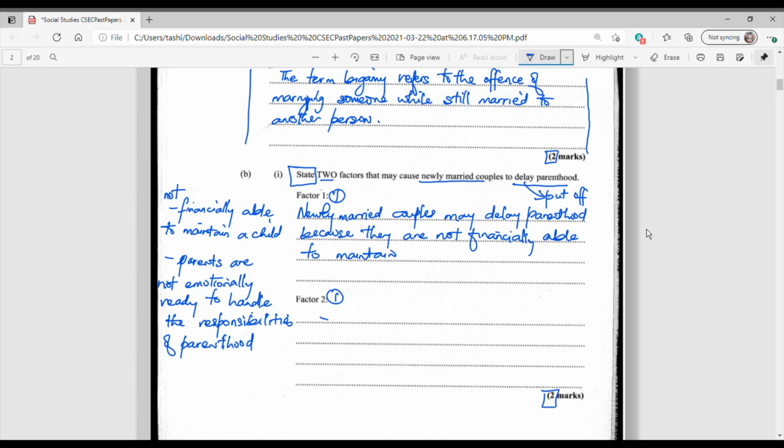So that would be in a sentence, and it would also give the specific response that is needed to give you the 1 mark. We could do the second one similarly.